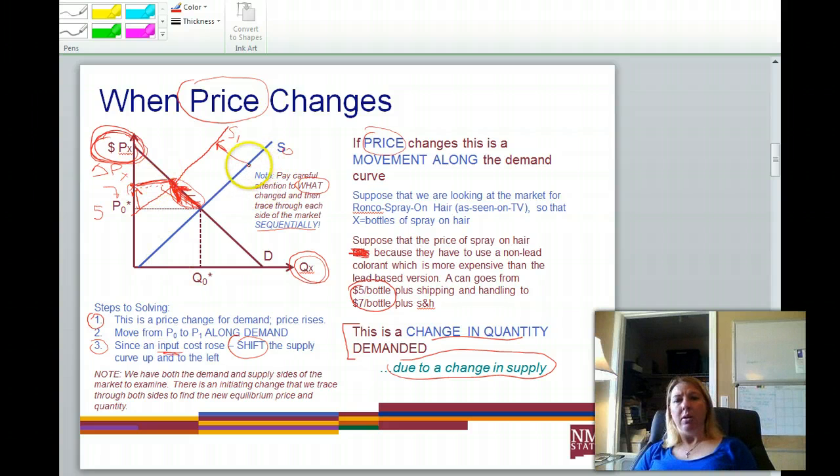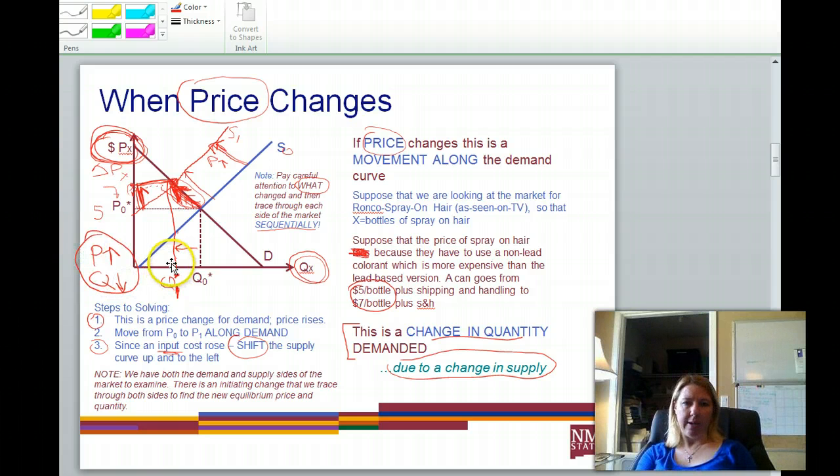And so the supply curve shifts back into the left, and they move along the existing demand curve to a new equilibrium price and a new equilibrium quantity demanded and supplied. And so what we see is that we have a leftward shift of supply and an upward movement along the demand curve. So when the price rises, the quantity in the marketplace that's demanded and sold falls. And so that's one of our primary things that we can look at.